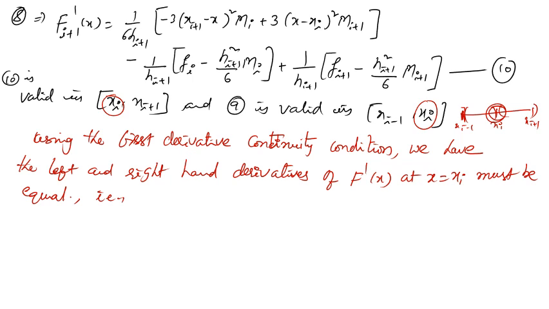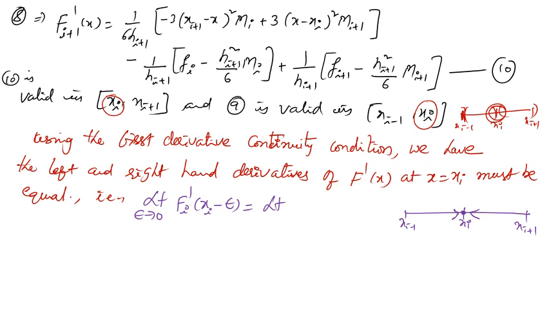Here, this is my interval x_{i-1}, this is x_i, and this is x_{i+1}. So first derivative continuity means this is the left derivative and this is the right derivative at x_i, and both must be the same. That is, the limit of f_i' of (x_i - epsilon) as epsilon tends to 0 must be equal to f_{i+1}' of (x_i + epsilon).